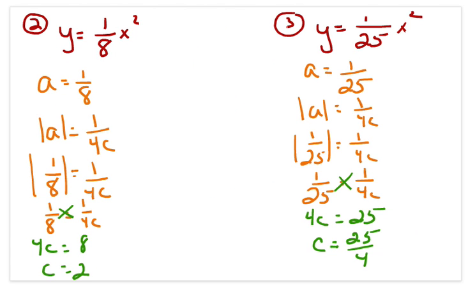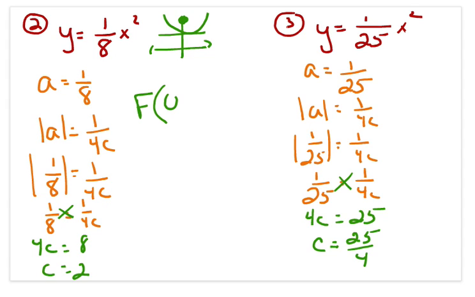So now that you have your C values, you need to make sure you remember to go back and give the focus. Looking at example number 2, you would see that it's a y equals, so it should open up or down. 1/8 is positive, so it should open up, so that means your focus should be somewhere here and your directrix underneath. So your focus should be a positive number.